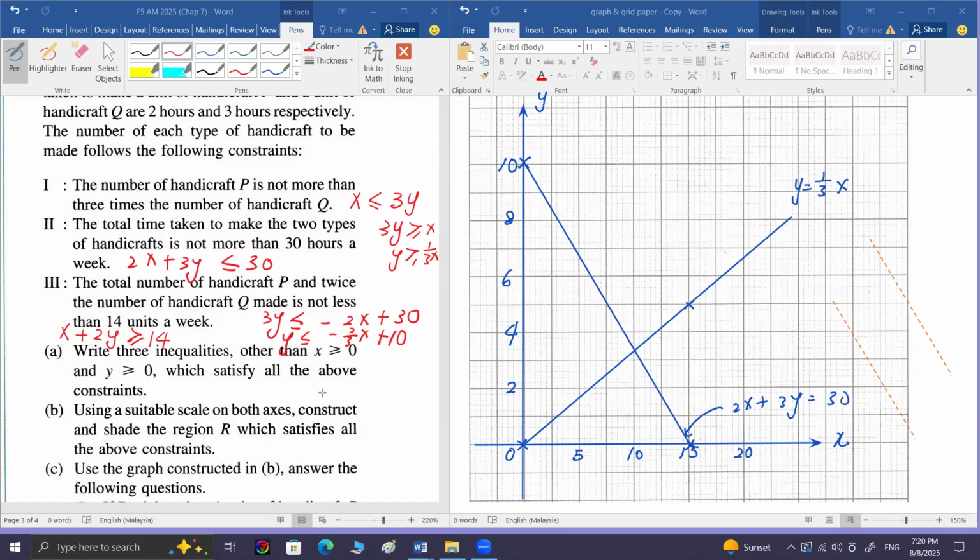Okay, next we see the third one. X0, Y7. Y0, X14. So 14 is here.